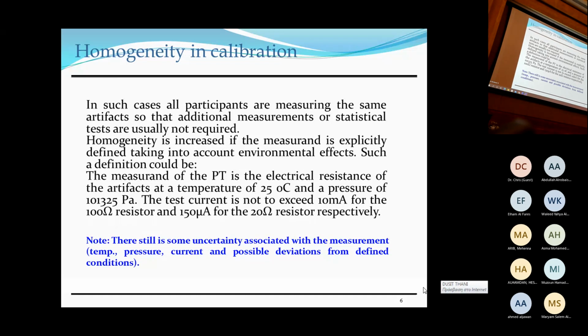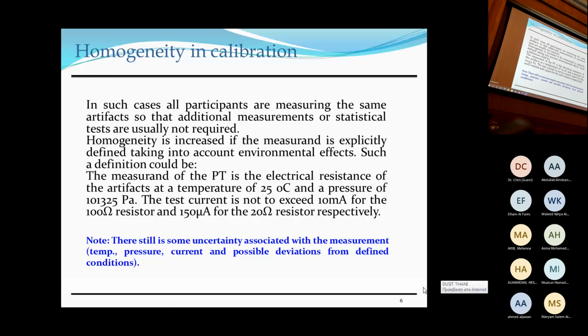So a calibration artifact is more homogeneous the better that the measurand is defined. So remember, the measurand is a physical quantity, but it's not just a physical quantity. It's the physical quantity plus a set of rules on how to measure it.